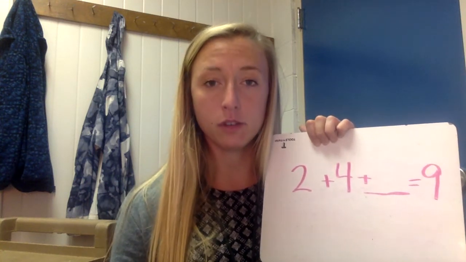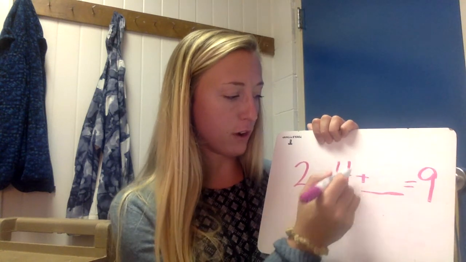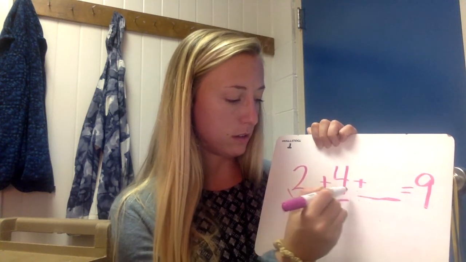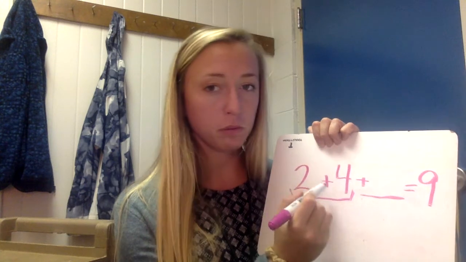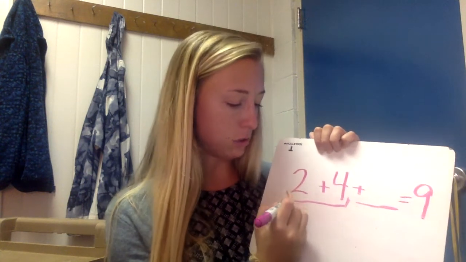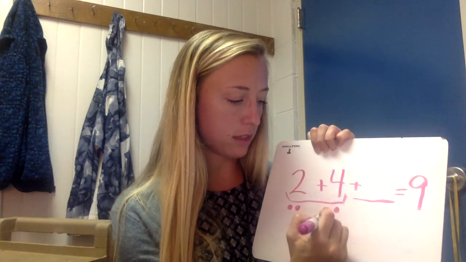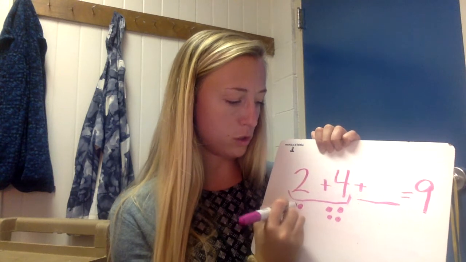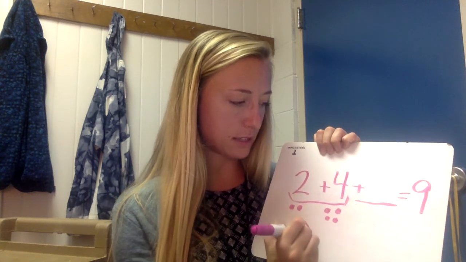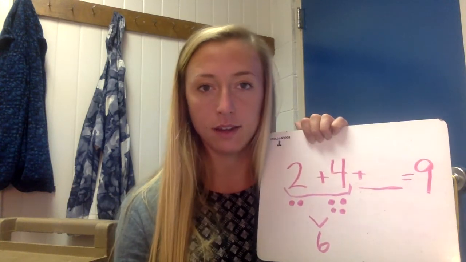This is what I would do. I have to figure out first this equation. 2 plus 4 equals, and to do that I can draw my pictures, or you can do touch math. But 1, 2, 3, 4, 5, 6.